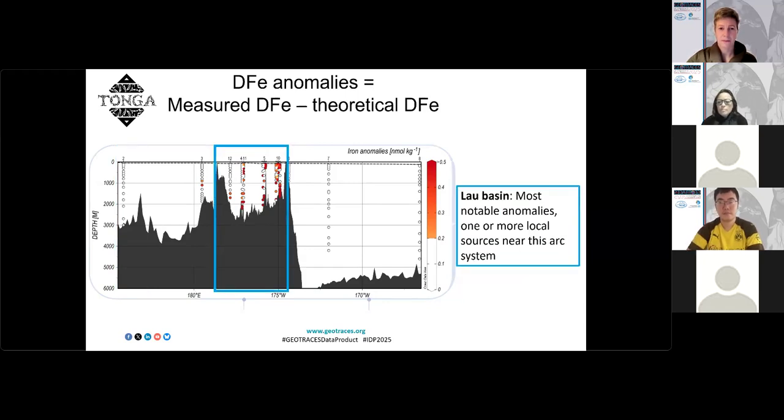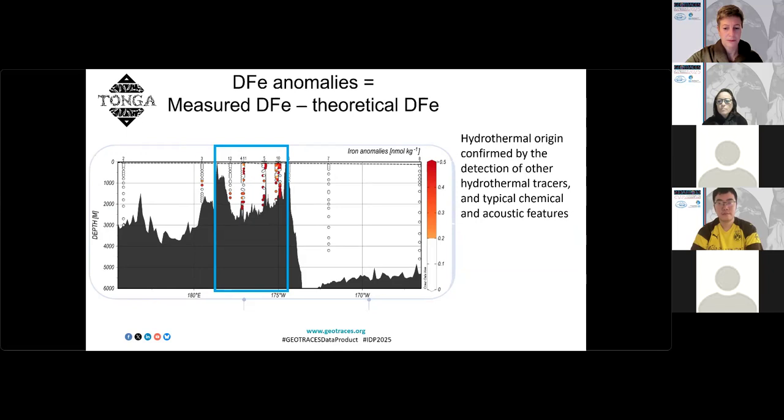The most notable anomalies were found in the Lau Basin, particularly near the Tonga Arc. Strong anomalies are visible at surface, particularly near long-duration station 5, suggesting the presence of one or more local iron sources near this arc system.